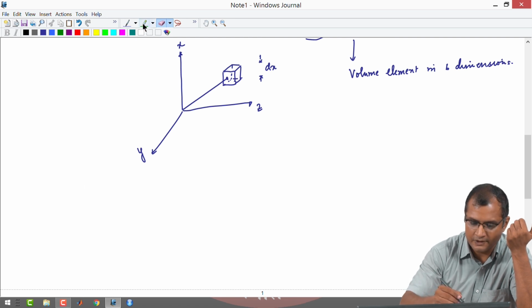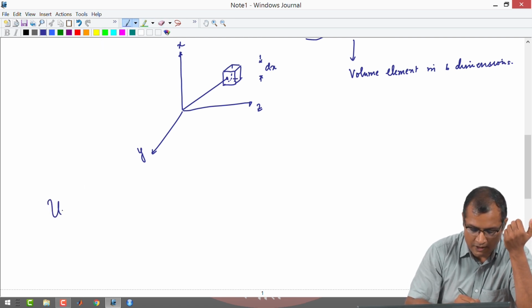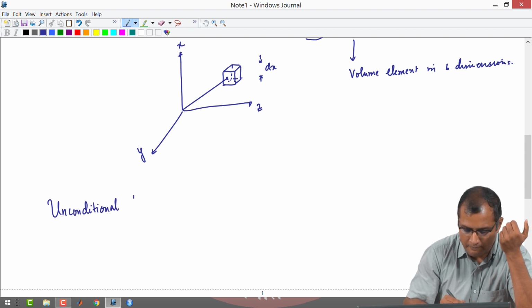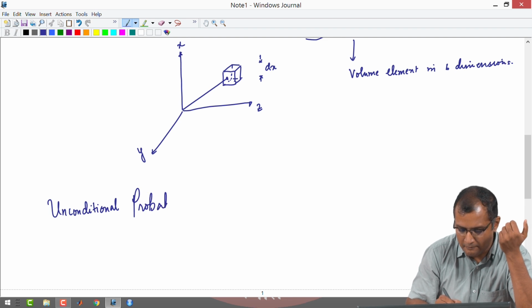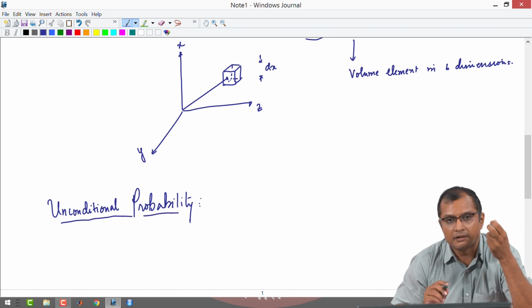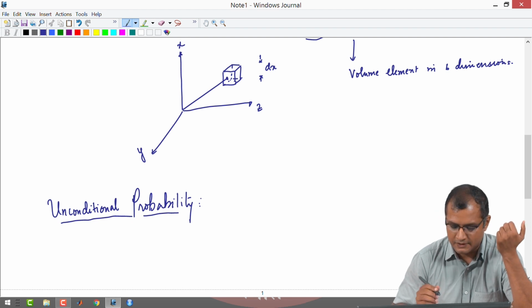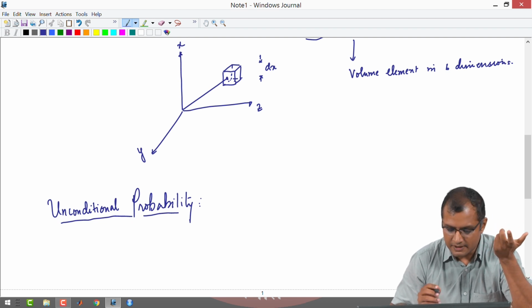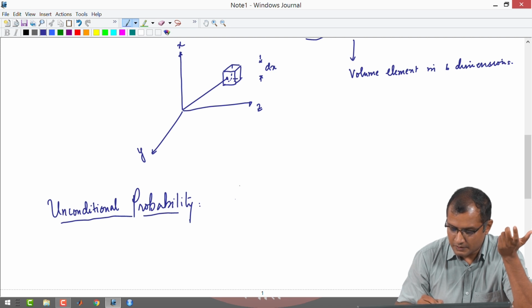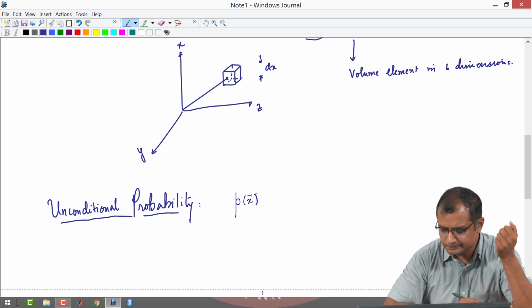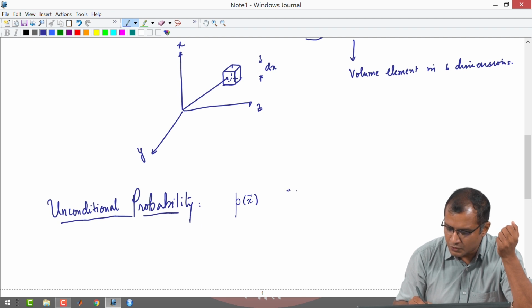So if you want to know the unconditional probability of finding a particle at a location x, the word unconditional probability means, suppose you want to find the probability of finding a gas particle at location x, and you don't care about velocity.